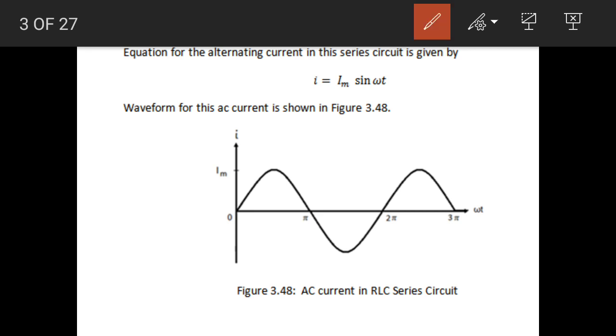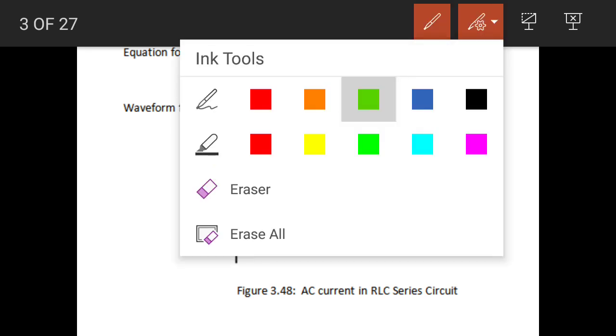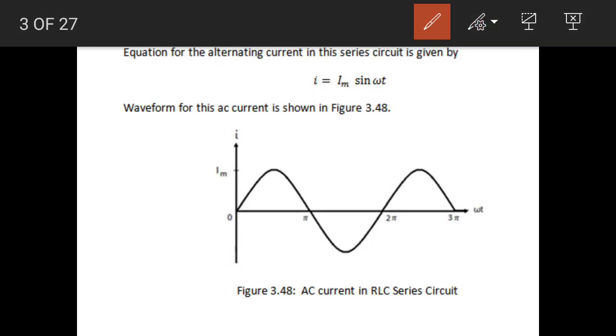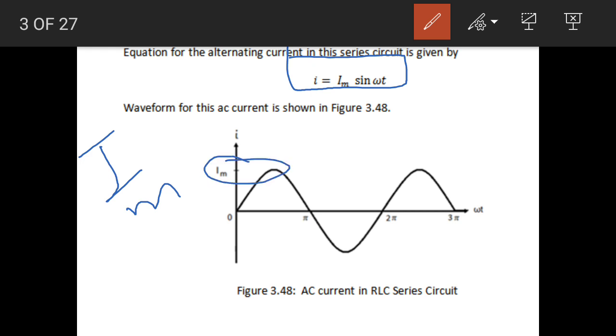We know that the AC current in this series combination is equal to Im sin omega t. So this is the equation for the time varying current in this series combination, where Im represents the maximum value or the peak value of this AC current, not AC voltage, AC current.